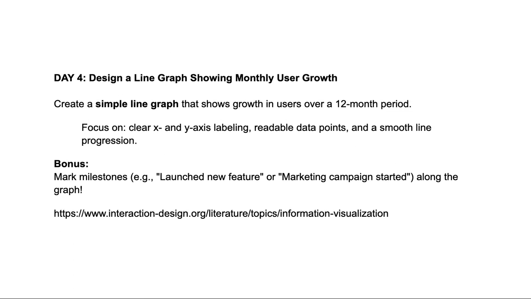Day 4, design a line graph showing monthly growth. You can create a simple line graph that shows growth over a 12-month period. Clearly label the X and Y axes, make readable data points, and make it a smooth line progression instead of a point-to-point progression.